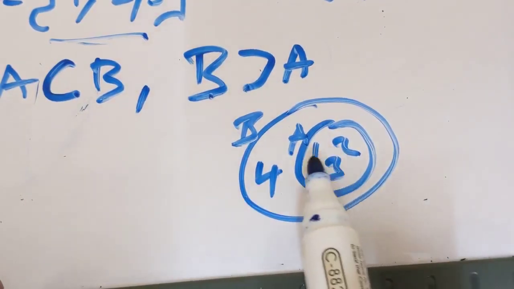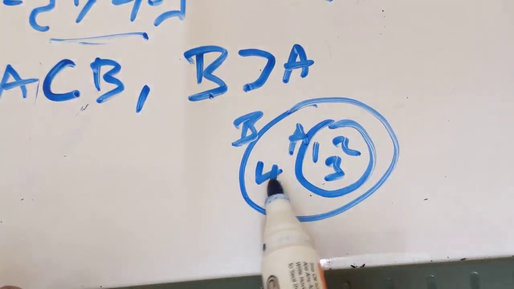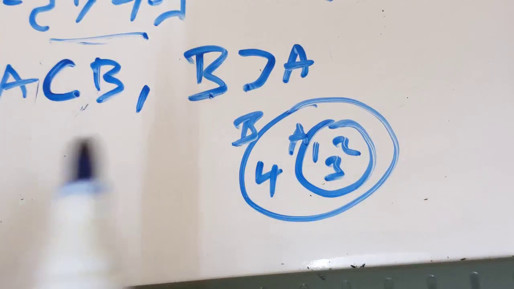So A is inside set B, so set B is a proper subset.